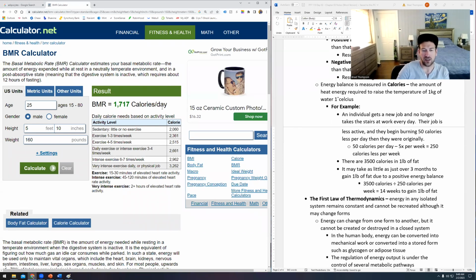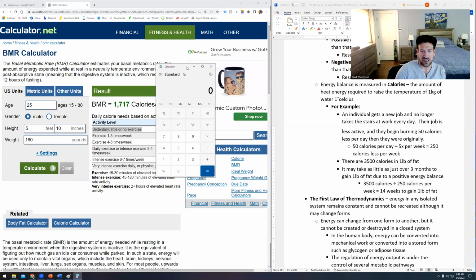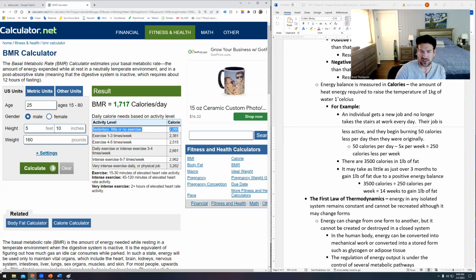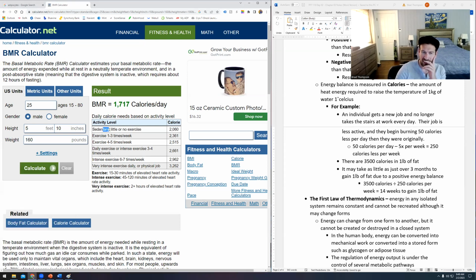So their BMR, and we're going to say they're sedentary, they're burning 2,060 calories a day. But their sedentary job is slightly less sedentary than this. So in reality, that's actually 210 calories per day. So 14 weeks later, they're going to gain 1 pound of fat, right? So now they weigh 161 pounds, right?